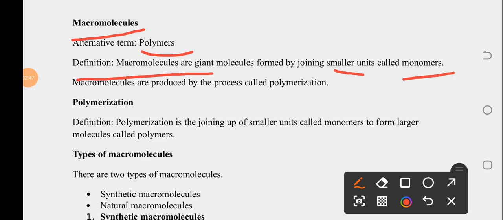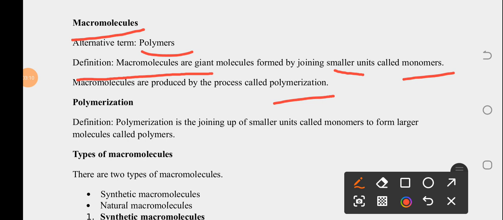So a polymer is just a molecule which is formed as a result of the combination of two or more smaller units, which are called monomers. I'm sure you're getting the point. Now, that process of combining monomers to produce a polymer is called polymerization.